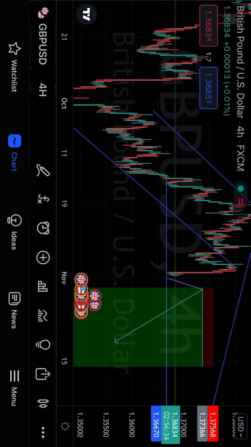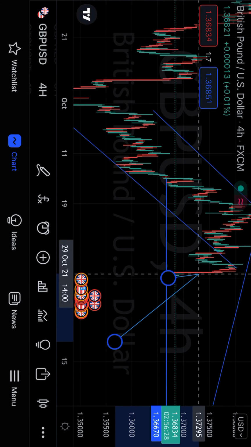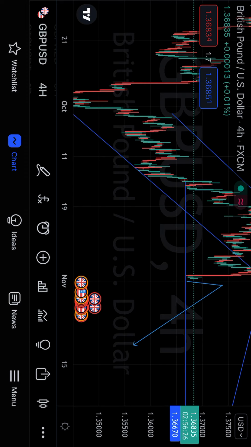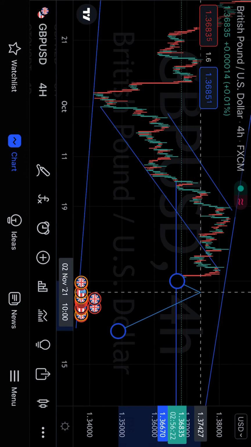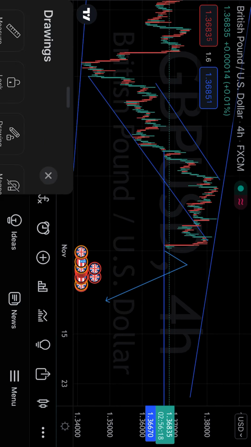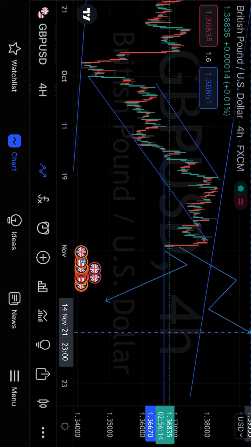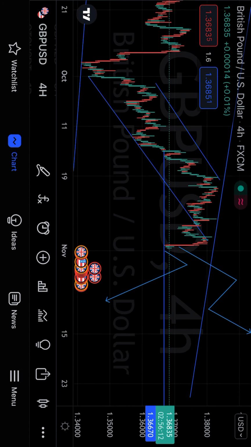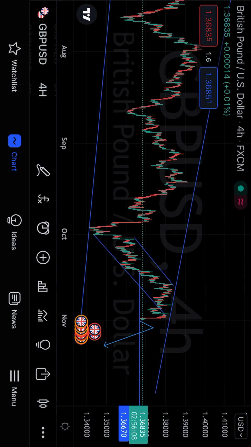So I'm expecting price to come back up from this point to this area in price before making its move to the downside, or it could break above, either way, right, and continue to the upside.